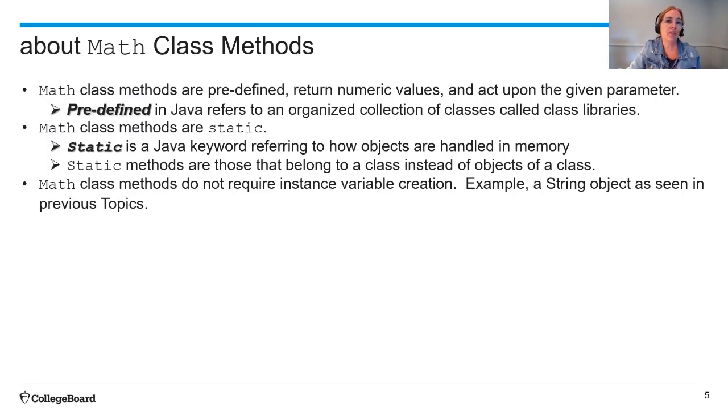Math class methods don't require an instance variable. When we used String objects in topics 2.6 and 2.7, we had the string, like wordOfTheDay.indexOf, wordOfTheDay.length. So we had to have that object reference that the String method acted upon.